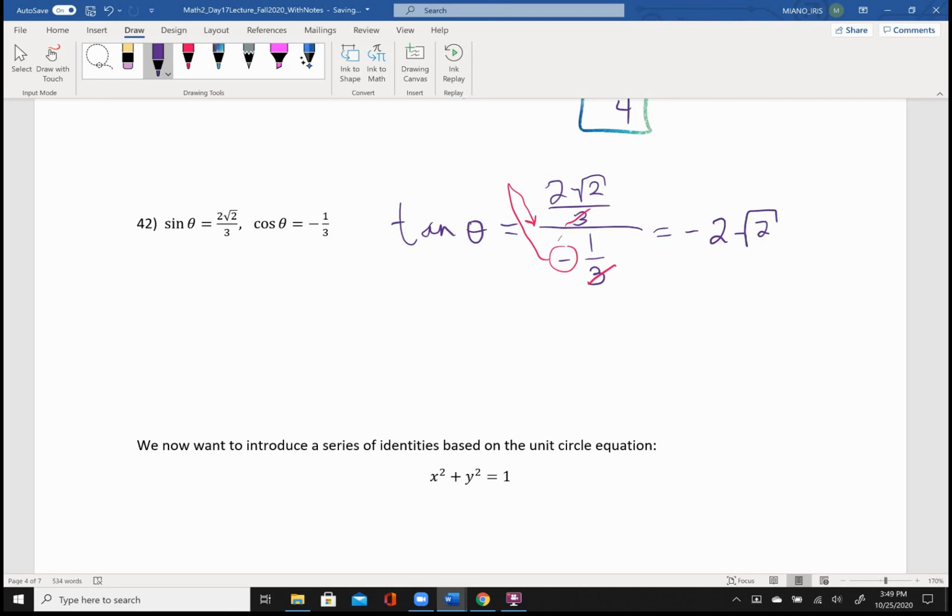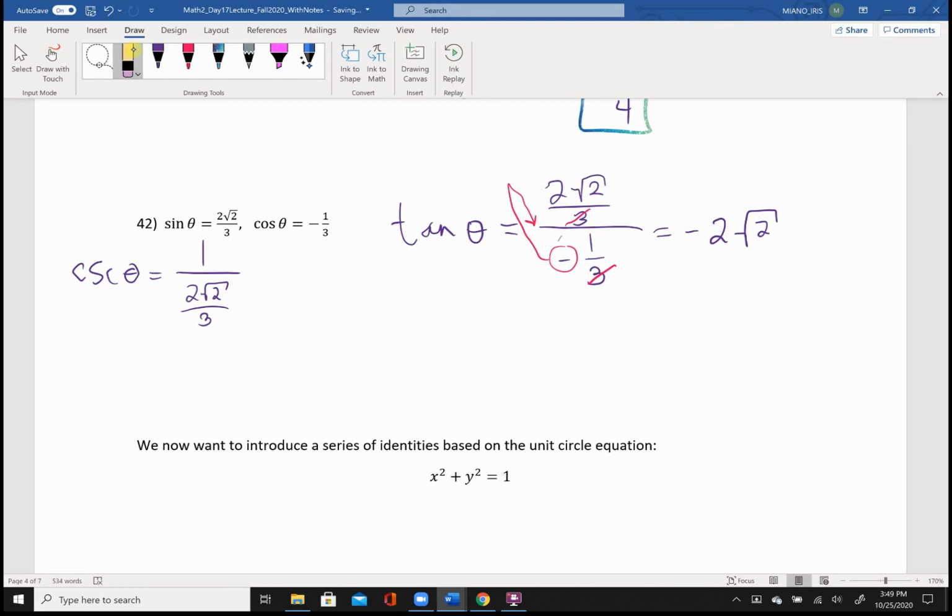Yep. And so then do the cosecant next. Cosecant theta is going to be the reciprocal of this bit right here. So there's a little bit of work to be done, nothing we can't handle though. 1 over 2√2/3. Since you have a fraction underneath the main division bar, it's the same as taking the reciprocal of it, right? Or we could have thought about it that way from the get-go.